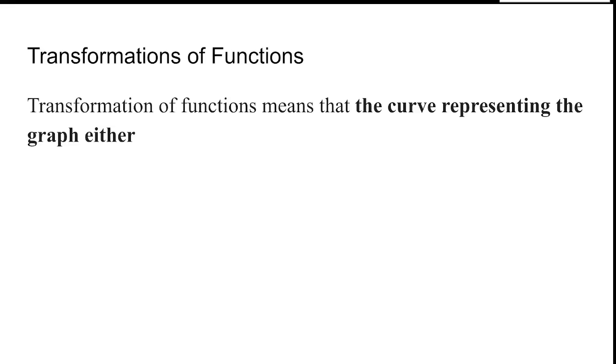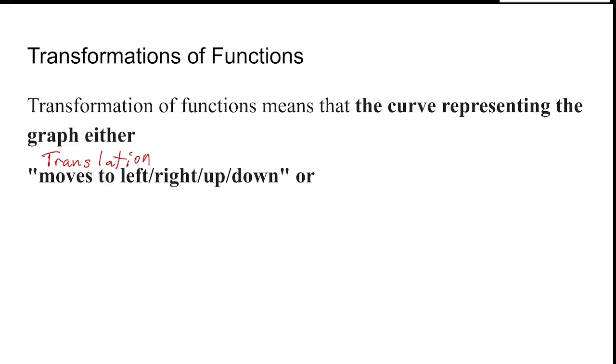So the types of transformations that we have are a move, a translation, right? And we have a left or right movement or an up or down.